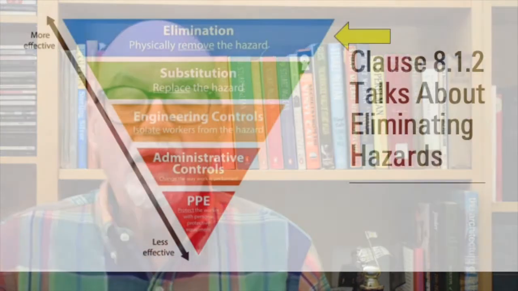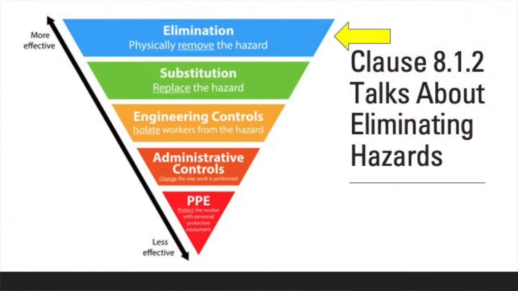If you've had anything at all to do with health and safety, you'll know that there's a wonderful pyramid on eliminating hazards. You'll see here that the best approach we're all familiar with is to actually eliminate the hazard, physically remove it if possible.